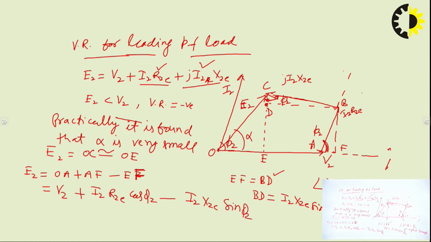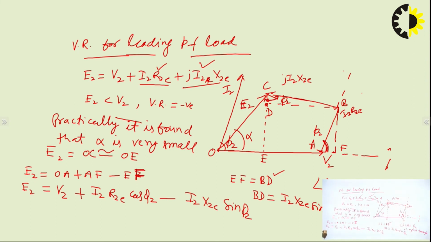So we have got the equation of E2, that is the equation of secondary no load voltage, the secondary terminal voltage on no load. We have got this equation in terms of the parameters of the equivalent circuit of the transformer.